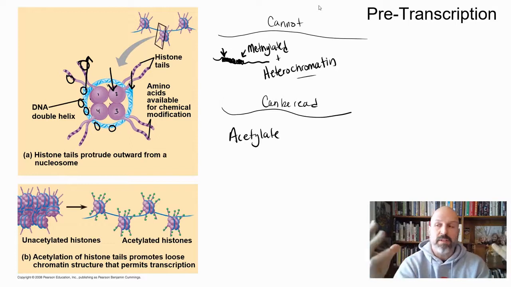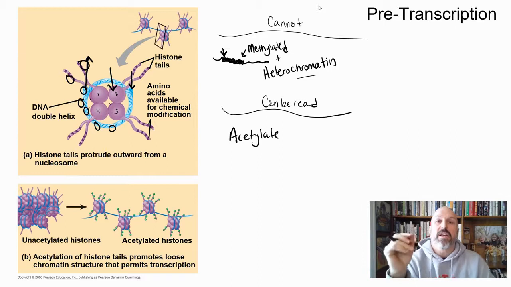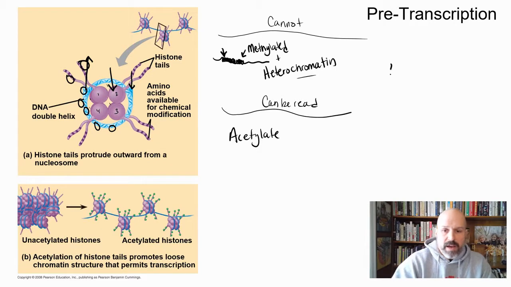The acetylation loosens up the chromatin, it loosens up the histones from each other so that now it can be read. The methylation condenses it down. It compacts it so that the DNA cannot be read. This is a pre-transcription. This is a good word to know right now, epigenetic.